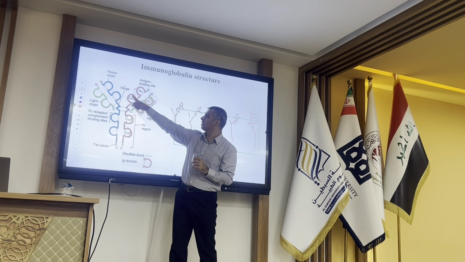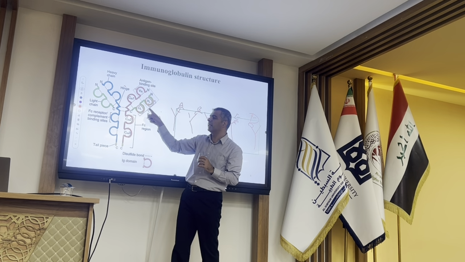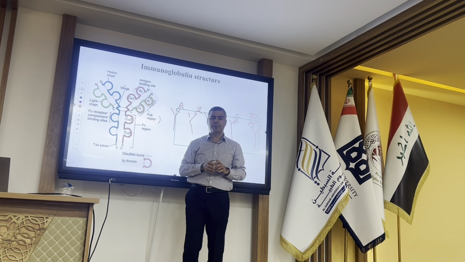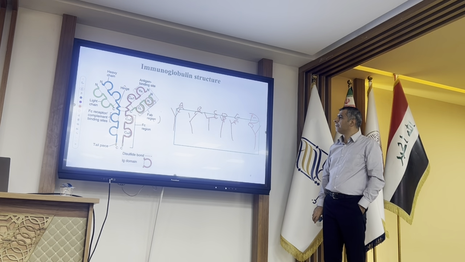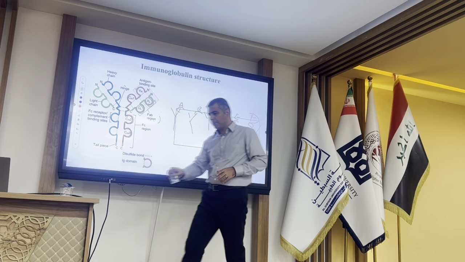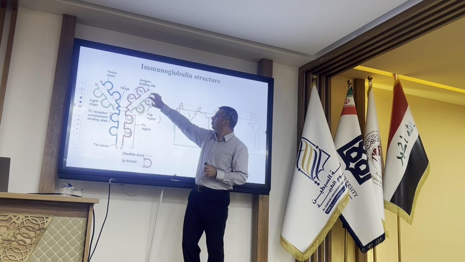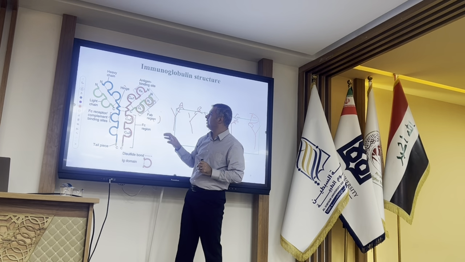So CH is constant of heavy, VH is variable of heavy, VL is variable of light, CL is constant of light, and so on. Clear? So the two variable regions together make the antigen binding site.